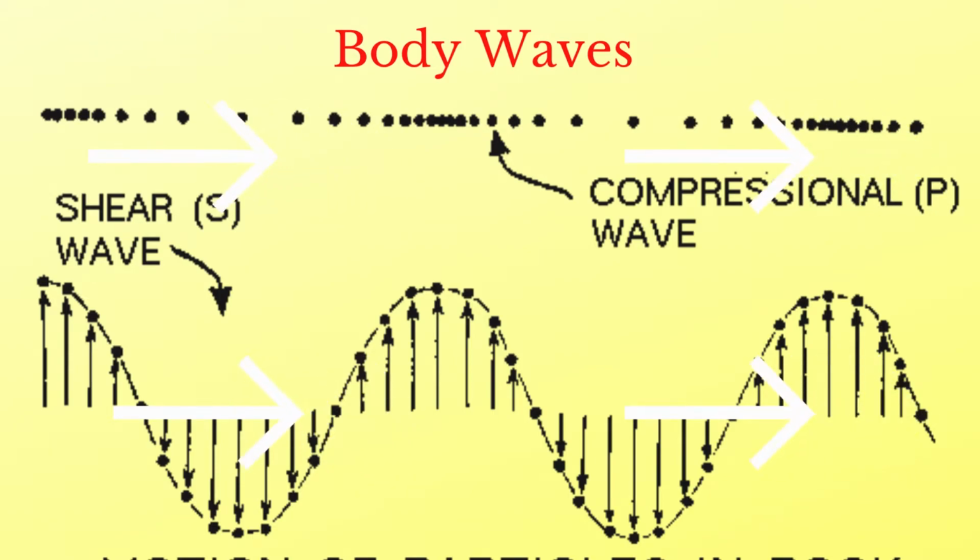On the other hand, for the S waves being shown at the bottom, the particles move at right angles to the direction of propagation of the wave. Let me say that again. For the S wave, the particles move at right angles to the direction of propagation of the wave.